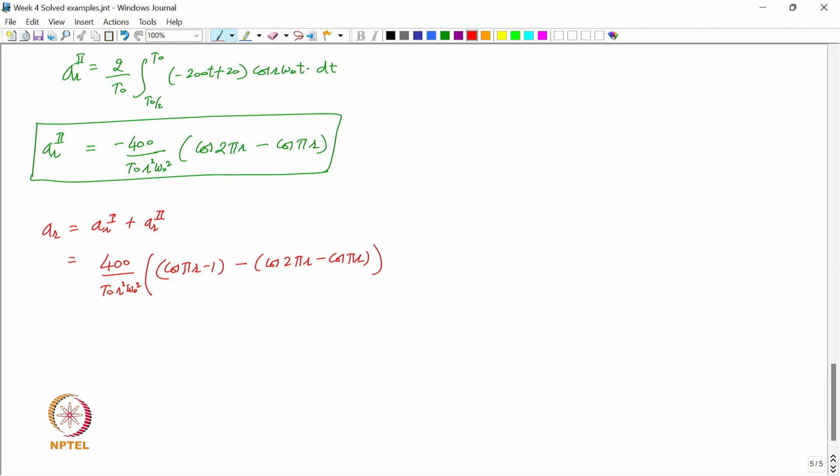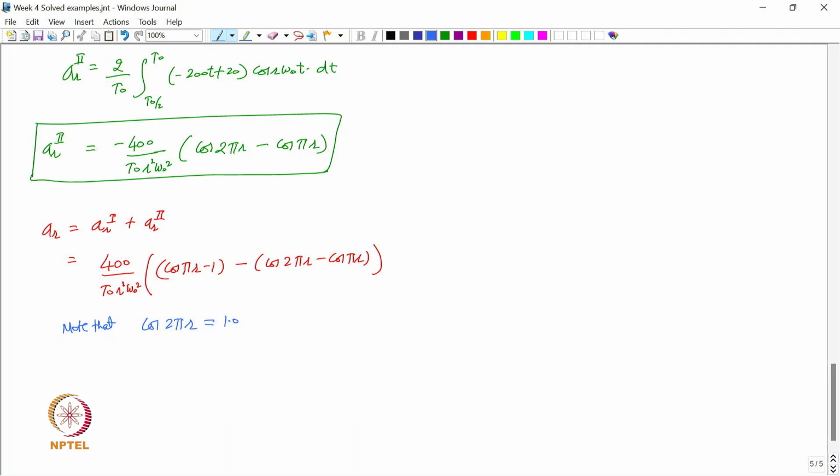And what we note is that cos 2 pi r is always 1, because if I take r equal to 1 it is cos 2 pi, then cos 4 pi, cos 6 pi, so all that will be equal to 1.